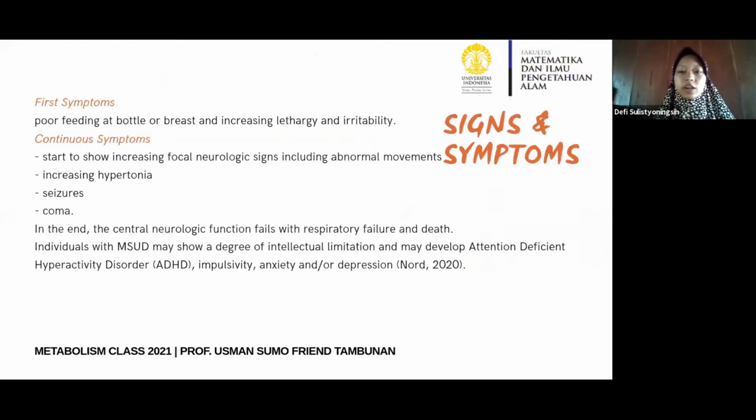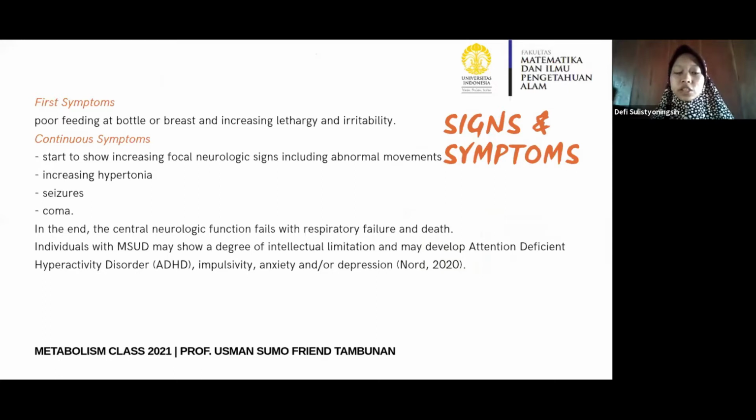Next, the signs and symptoms of maple syrup urine disease. The first symptoms that appear in the baby are poor feeding at the bottle or breast, and increasing lethargy and irritability.